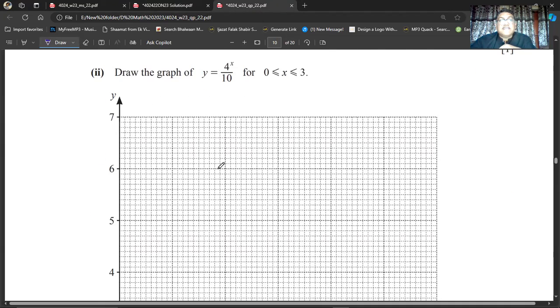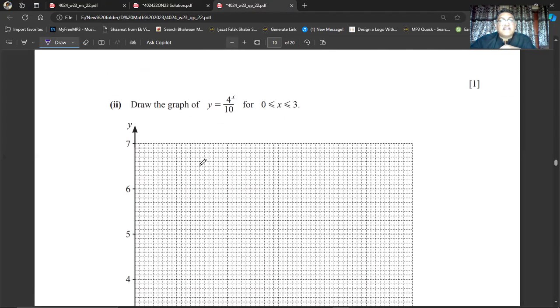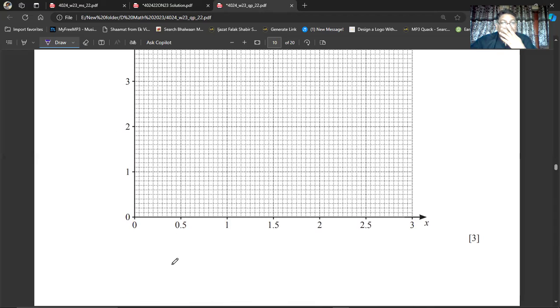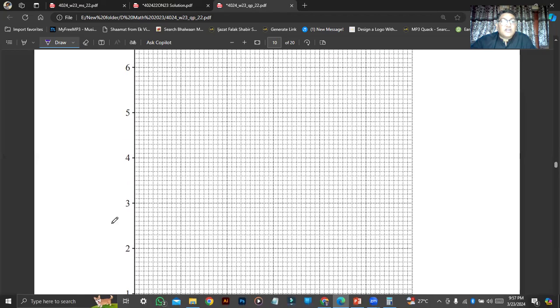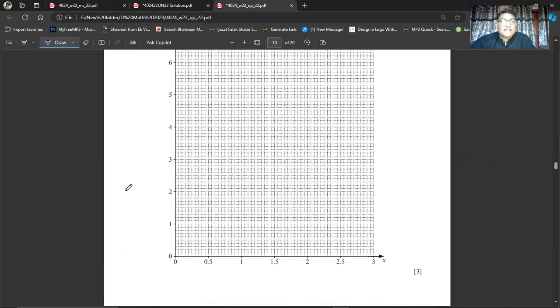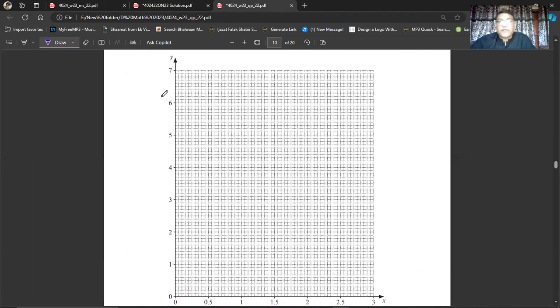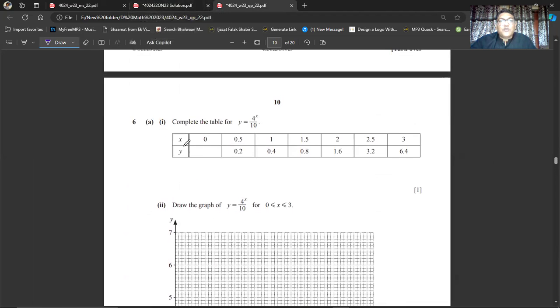Okay, now he says draw this graph. So we have to draw this graph. Here on the x-axis, the x values are represented. Here on the y-axis, the values of the y are represented already. It has been graduated. And we have to plot these points: 0, comma 0.1; 0.5, comma 0.2; 1, comma 0.4; 1.5, comma 0.8; 2, comma 1.6; 2.5, comma 3.2; 3, comma 6.4.